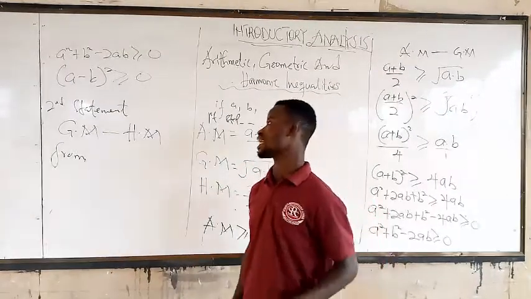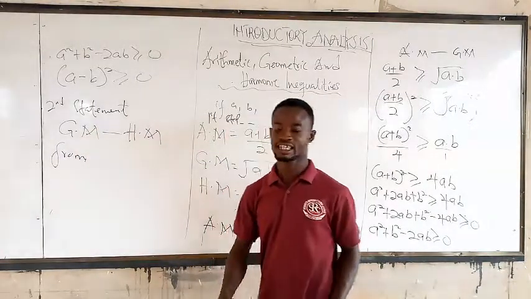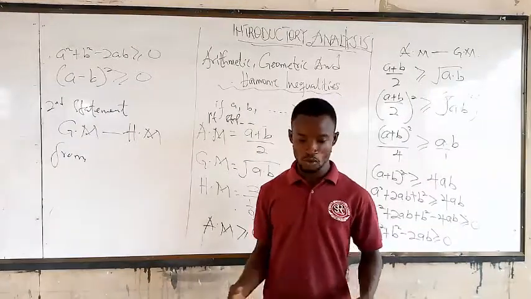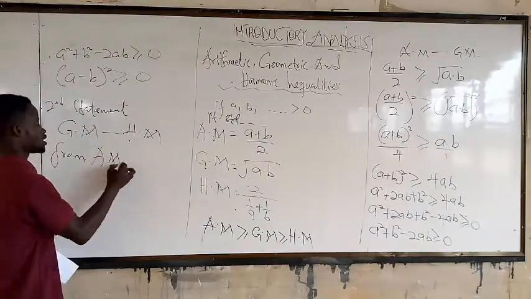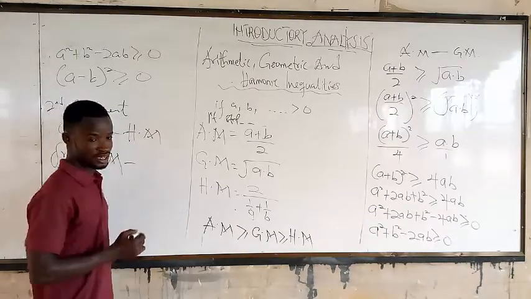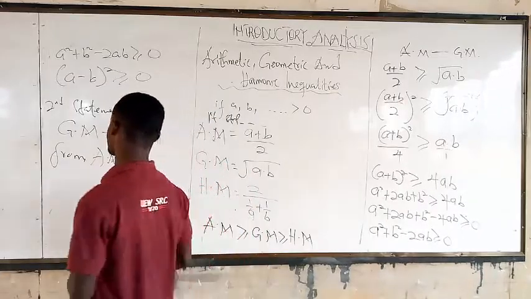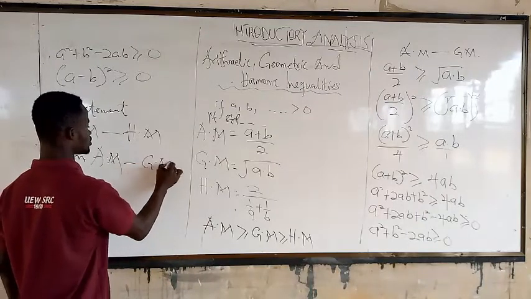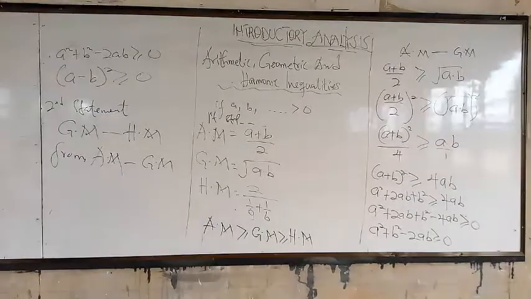Alright, so to consider whether the geometric mean is greater than or equal to the harmonic mean or not, we are going to prove from the arithmetic mean and the geometric mean.